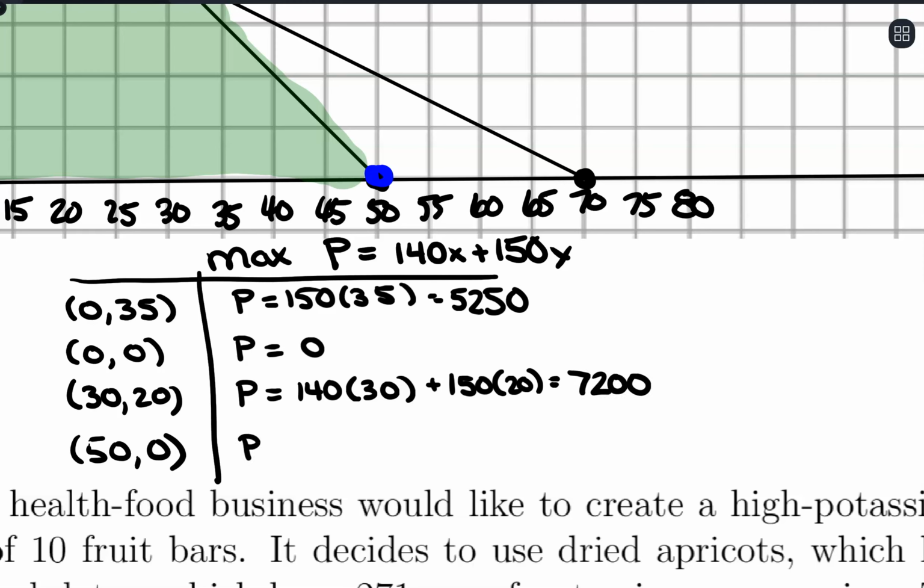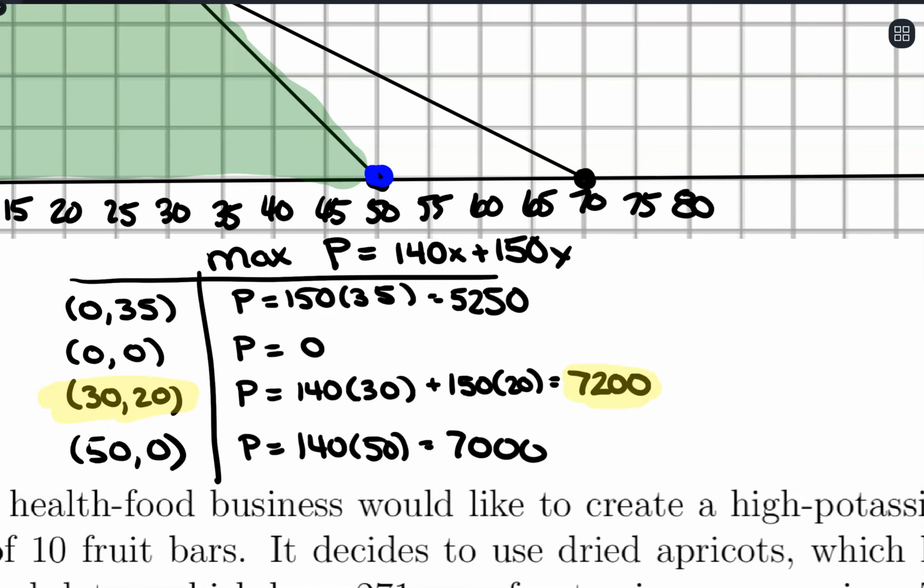And then at 50, 0, P equals 140 times 50, which is 7,000.